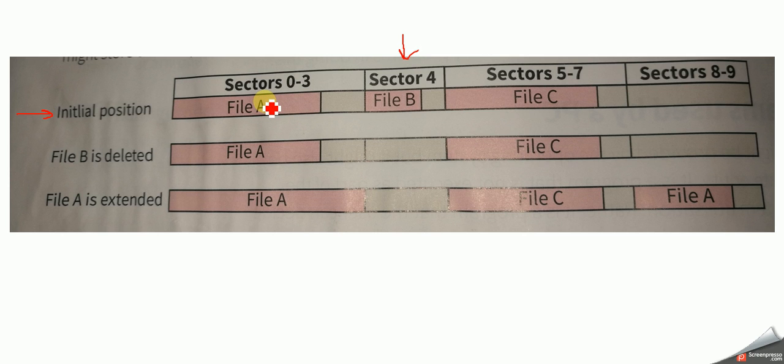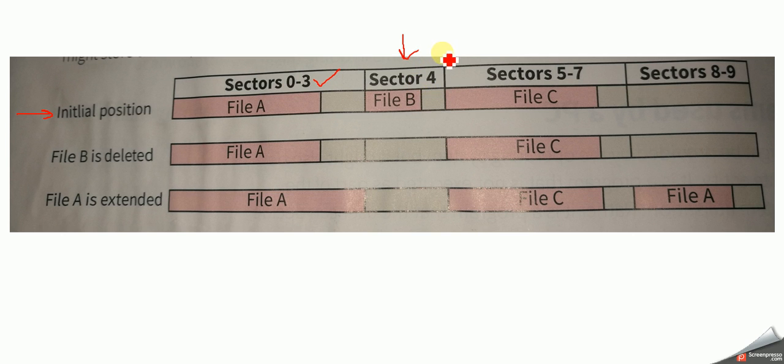Now file A, that takes up, we're going to say, all 3 sectors, so it's full up. Sector 4, file B, is really small. So file B is such a small file, it only takes up part of sector 4.